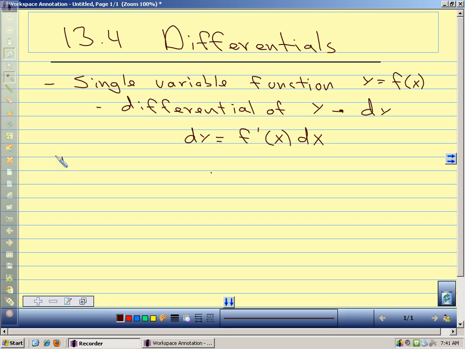So if z is some function of x and y, we're going to call delta x and delta y increments of x and y.